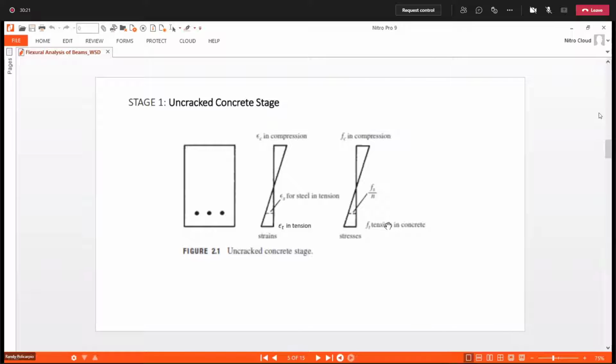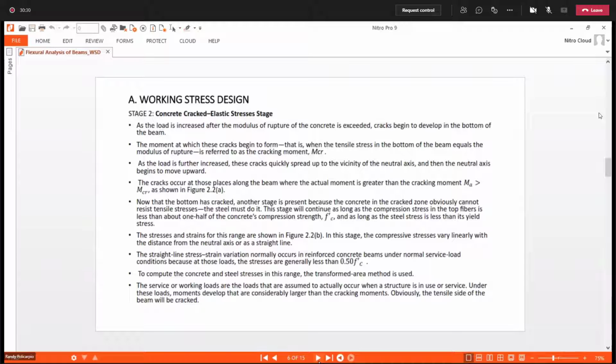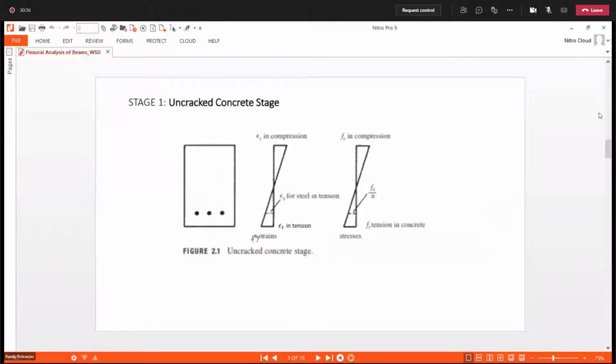But if this stress exceeds the modulus of rupture, okay, ano yung mangyayari? Cracks begin to develop in the bottom of the beam. So dito sa bottom, mag-start mag-crack. Pag nag-crack na yung concrete, it no longer carries stress, so wala nang stress na madidevelop dyan.